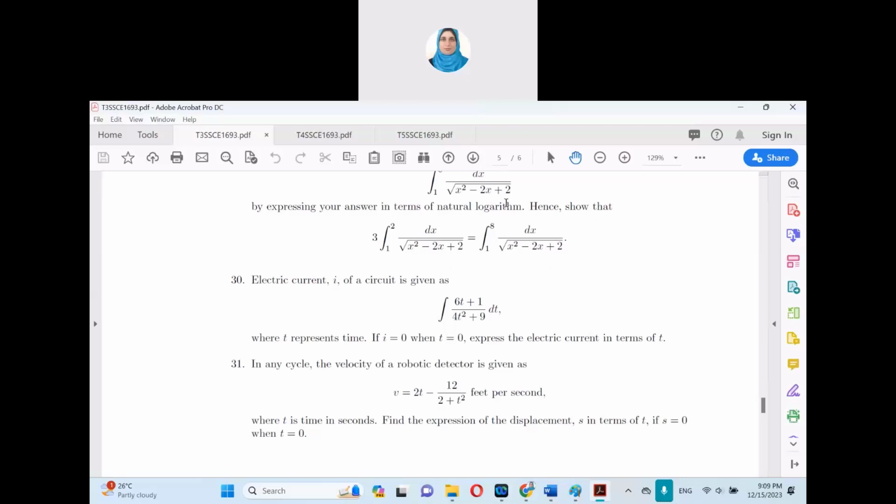Question 31. In a cycle, the velocity of a robotic detector is given by this function, in feet per second, where t is time in seconds.